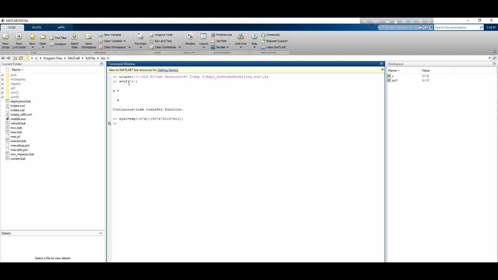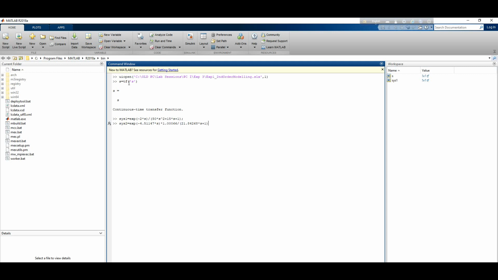Then after that, system 2 is equal to exponential minus 4.51147 into s, into 1.00066, which is the value of k, divided by within bracket 21.84268 into s plus 1, right?